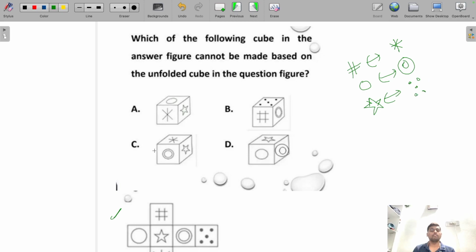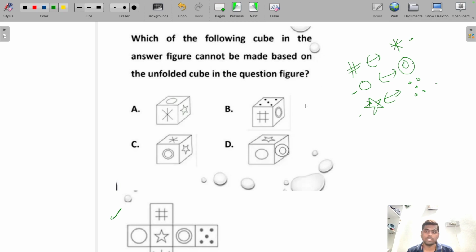Now take the first option. O is here, fine. This one is coming from the first row, this one from the second row, and star from the third row, so this is possible. Now option B: these dots are coming from the third row, hash from the first row, and double circle from the second row, so that is fine.